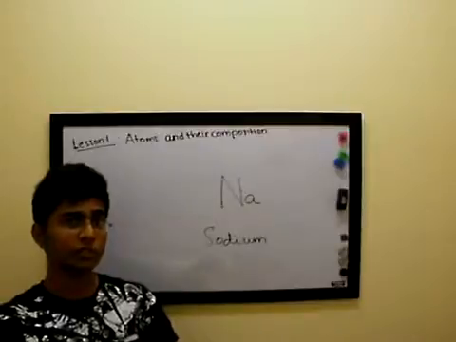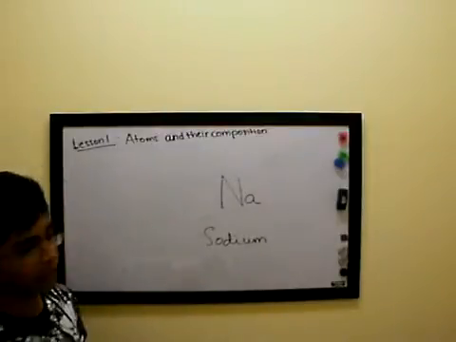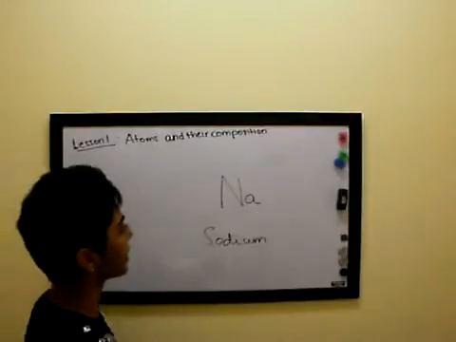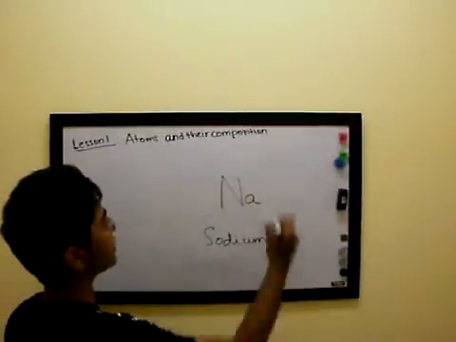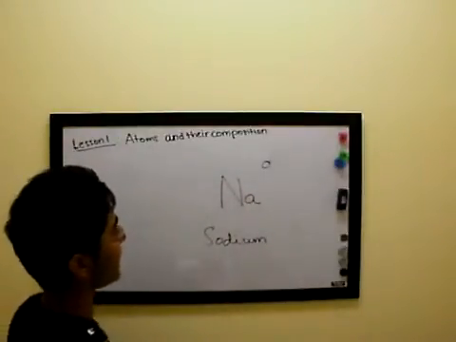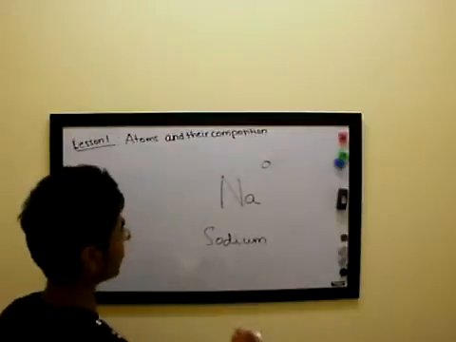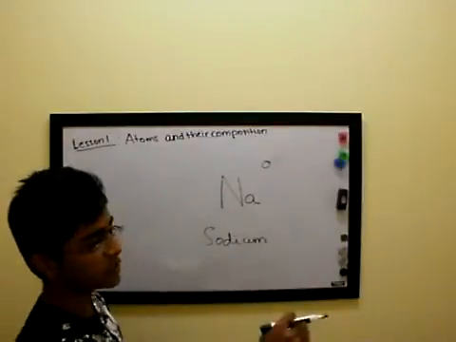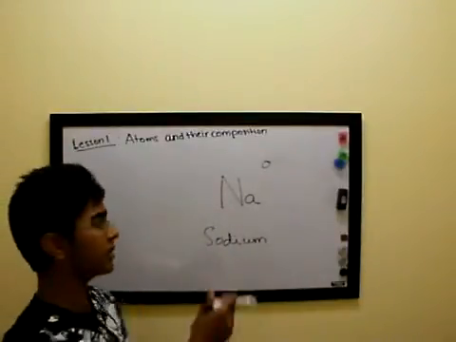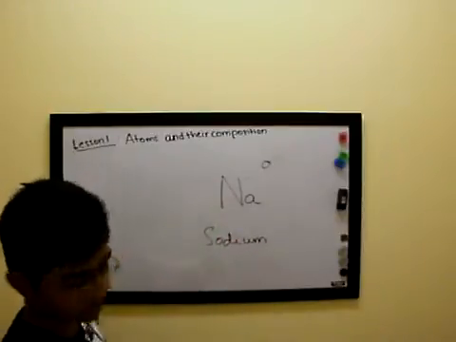Put those two things together and you get 0. Therefore, it has no charge. Now, the sodium that we're looking at, there's nothing written over here. That means it has no charge. That means that the number of electrons is equal to the number of protons in this atom.